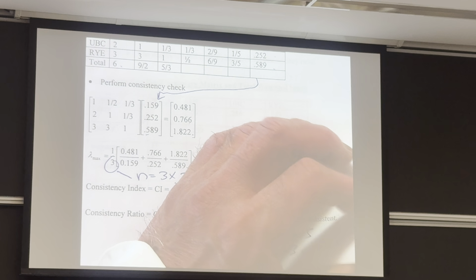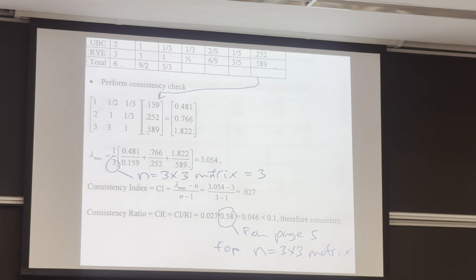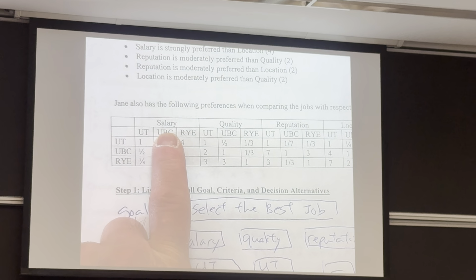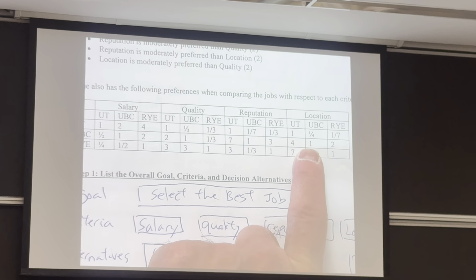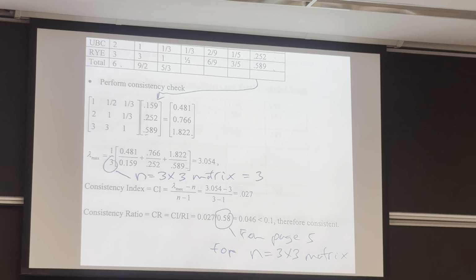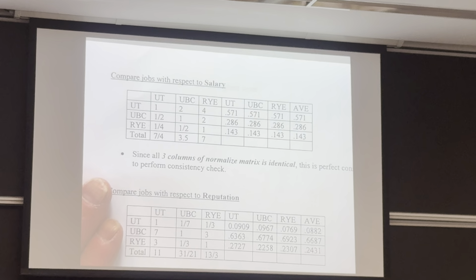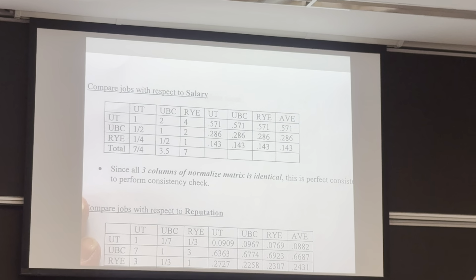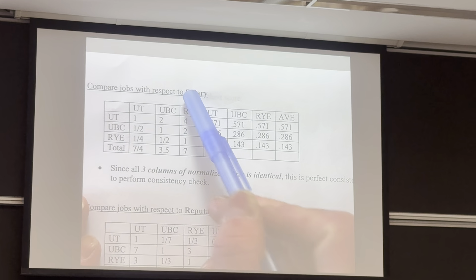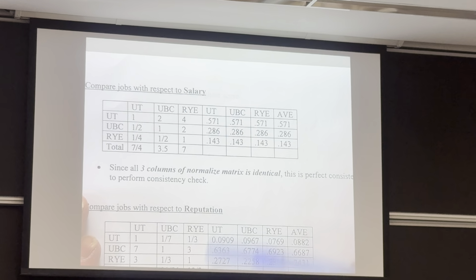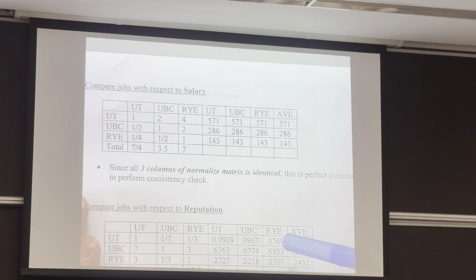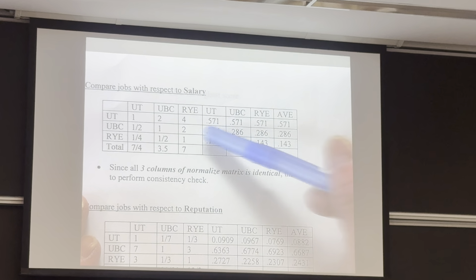We have to basically do the same thing for salary, the same thing for reputation, the same thing for location. So we then compare the jobs with respect to salary here. We start with our matrix, we total it, we normalize it, and then we take the average.